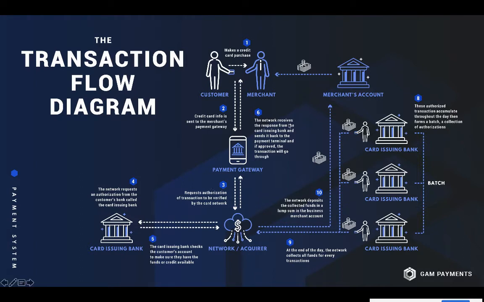At the end of the day, all of those individual transactions from the different card issuing banks, we've got 4 here, end up going together and being bundled into a batch. That batch is then settled or deposited into the merchant's account, which is your bank account at the end of the day, seeing the entire number of transactions.